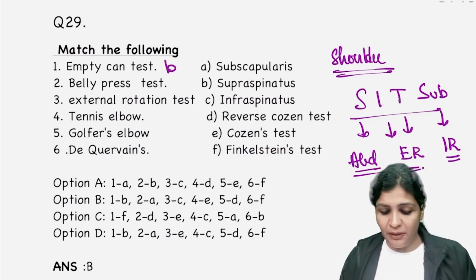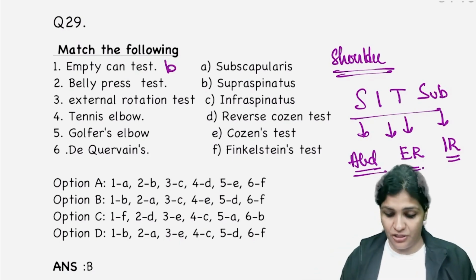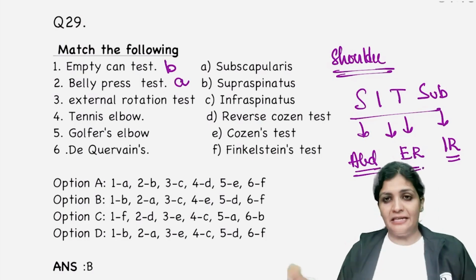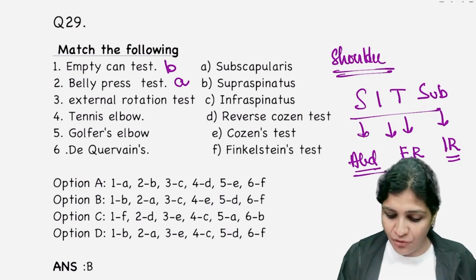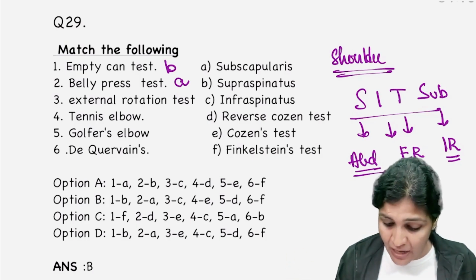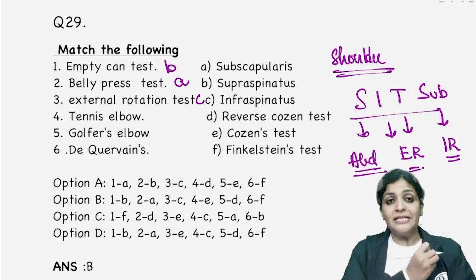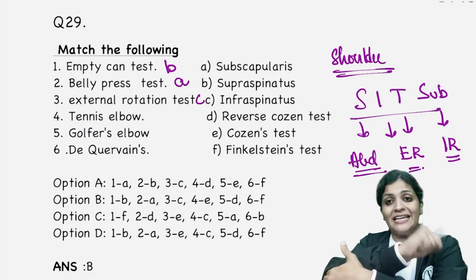So empty can is B. Then belly press. I've told you subscapularis is for internal rotation, so belly press is A. And then external rotation. I've told you the teres minor and the infraspinatus are for external rotation, so that is T. Then tennis elbow is lateral epicondylitis, and you make a fist and try to extend the wrist.